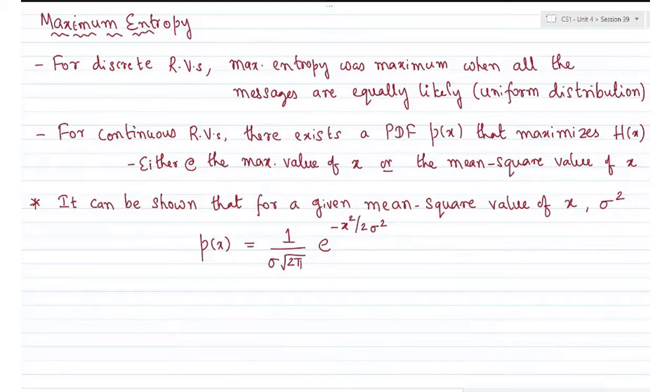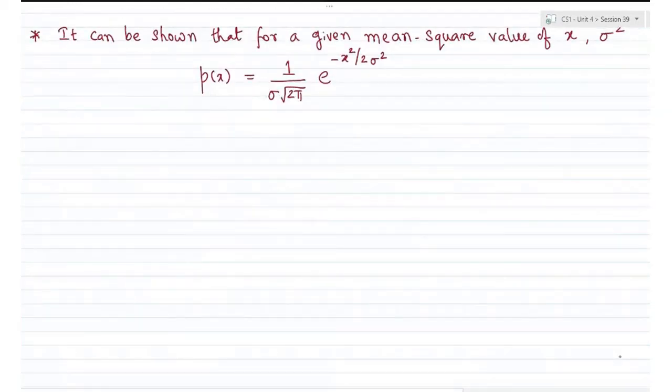This density function is a very familiar density function which we call the Gaussian distribution.